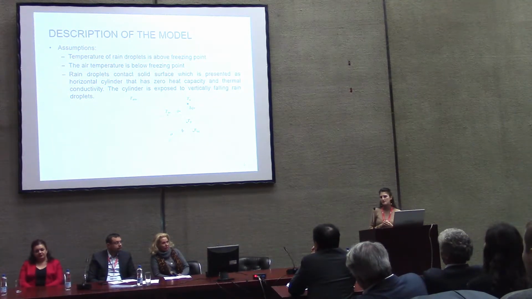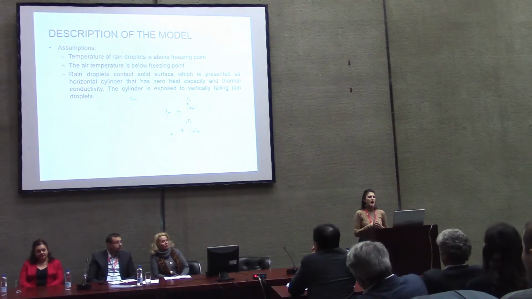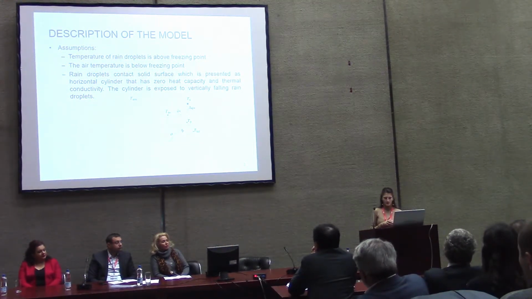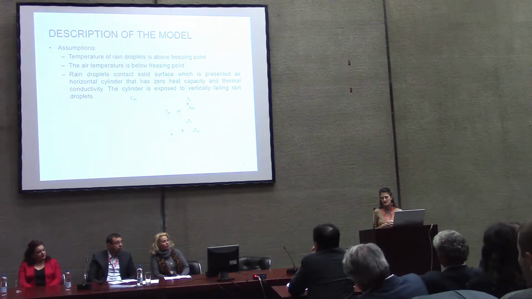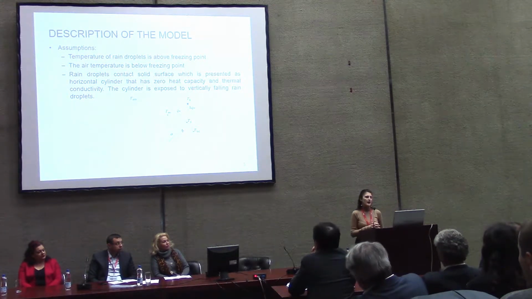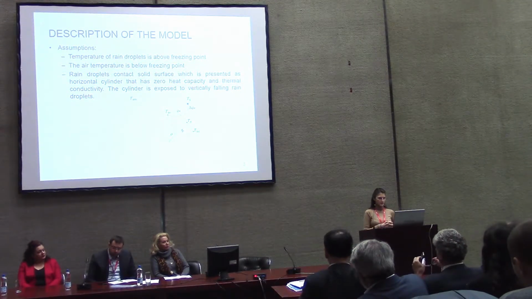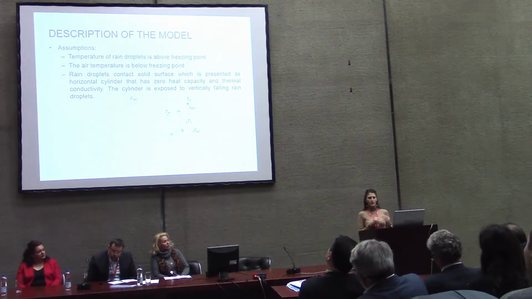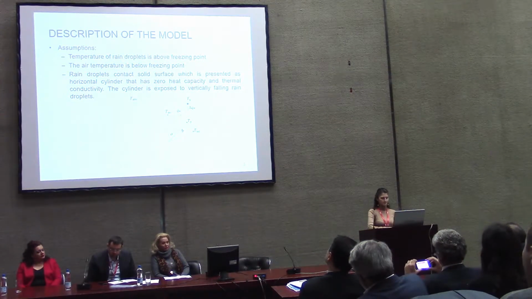So the goal of this master thesis was to consider and analyze this icing process, and for that purpose a horizontal cylinder is observed. It has zero heat capacity and thermal conductivity, and that cylinder is exposed to vertically falling rain droplets. Temperature of rain droplets is above freezing point, and air temperature is below freezing point.